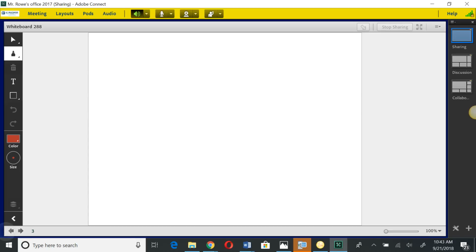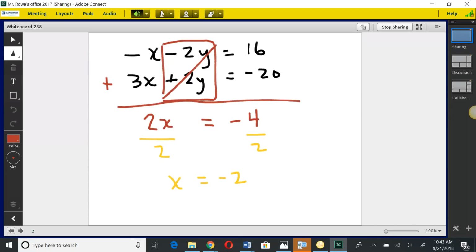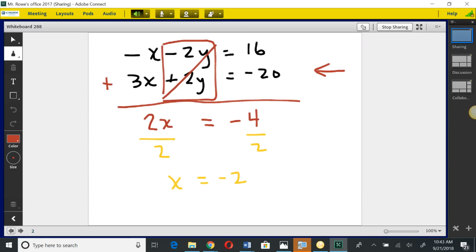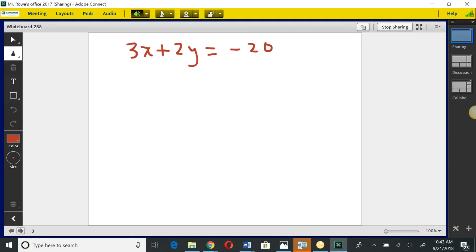So I'm just going to pick, and it doesn't matter which equation you pick, I'm going to pick this equation. Simple reason, that's 3x plus 2y. No negatives. So this is the equation. We figured out that x was negative 2. We're going to substitute negative 2 in.